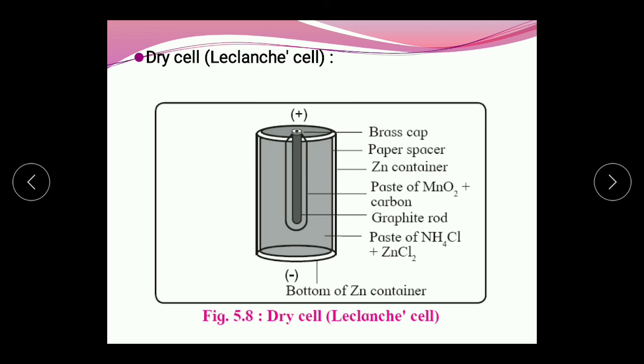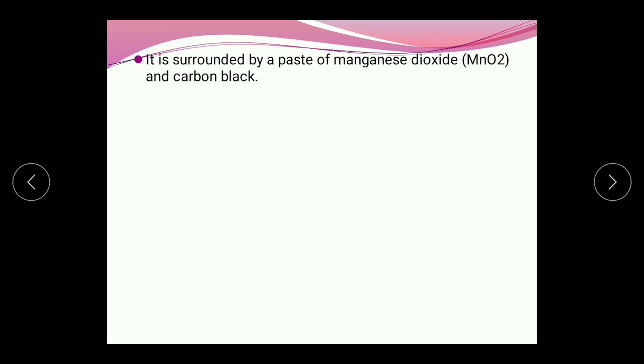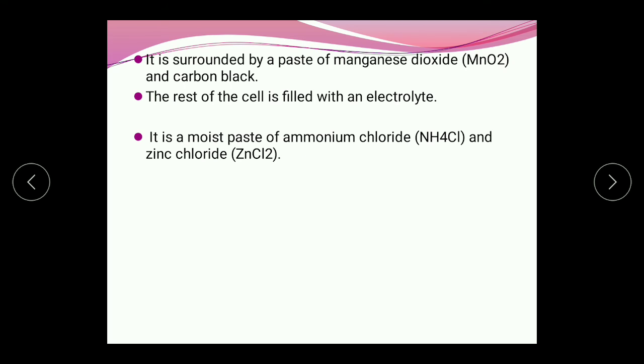We will just revise all the points again. The central cathode is surrounded by a paste of MnO2 and carbon black. The rest of the cell is filled with an electrolyte. Which is that electrolyte? It is a moist paste of ammonium chloride and zinc chloride. You have to remember all these things.